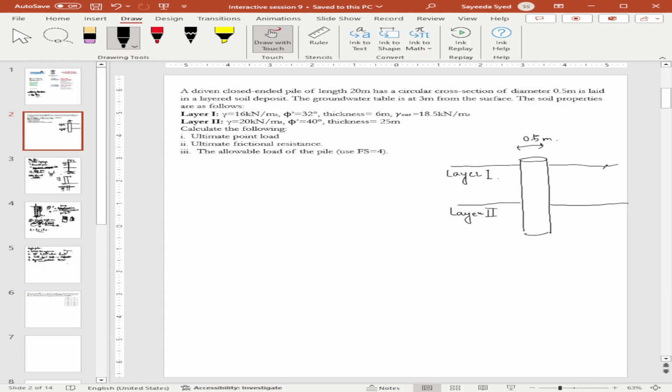Okay, so the properties of soil are given below. Let's write it in some other color. Okay, so for layer 1, gamma equals 16 kilonewton per meter cube. Phi equals 32 degrees and the thickness is 6 meters.